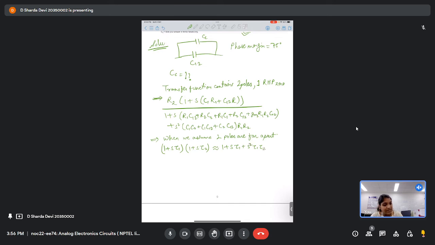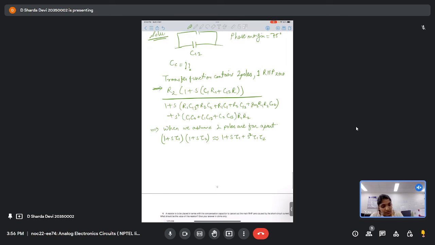The tau 1 and tau 2 are 1 by RC, right? So we have neglected the other one. Here one time constant will be R1 C12 plus R2 C2 plus R1 C1 plus R2 C12 plus GM2 R1 R2 C12. So this is 1 by the pole, right?